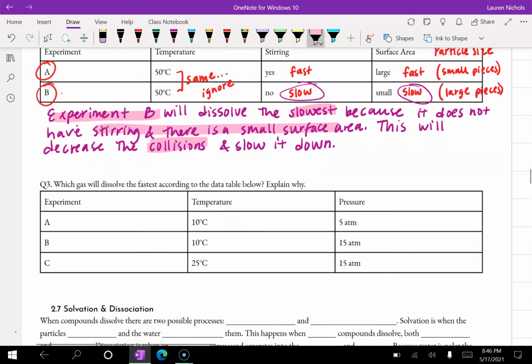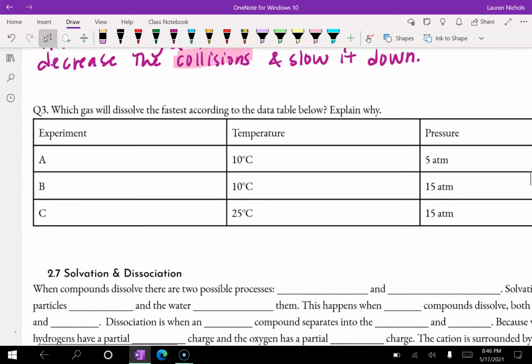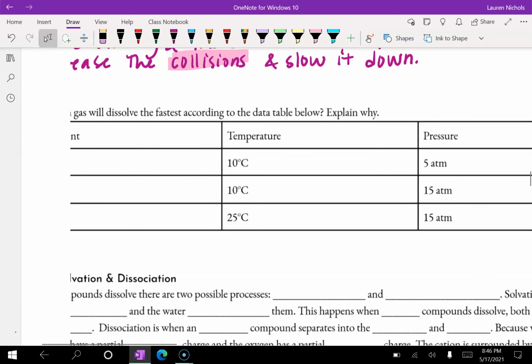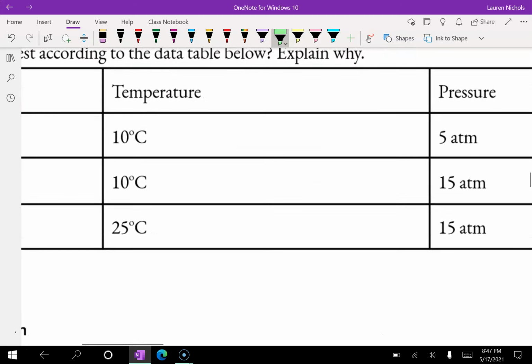Now, if we look at question 3, it says, which gas will dissolve the fastest according to the data table below? So again, we're going to do the same thing. We're just going to look at what it is. Now, this is a gas. So when we look at temperature, remember, for a gas, fast dissolving means a low temperature.